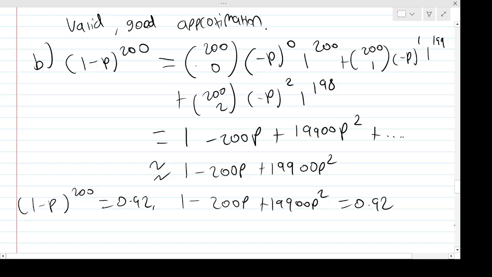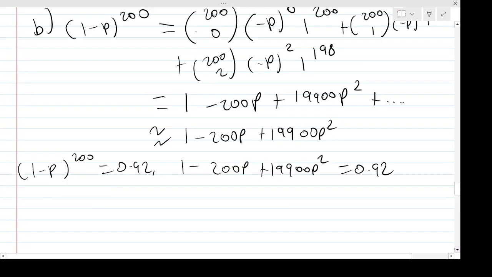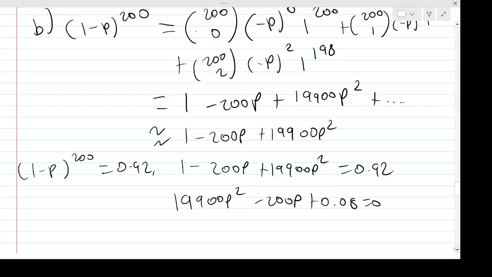Well, actually, is this not just a quadratic equation to solve for p? So 19900p squared, take away 200p, then 1 take away 0.92 is 0.08. So plus 0.08 equals 0.